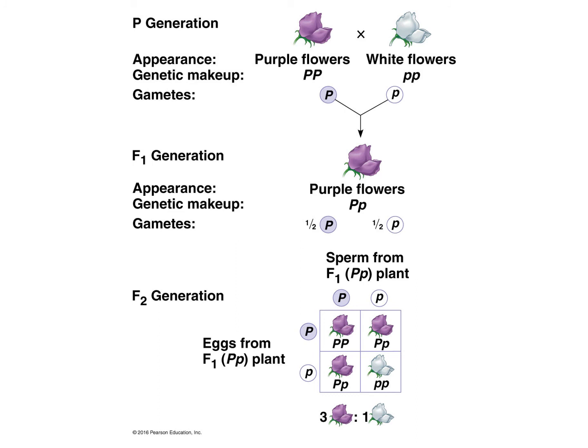There's only one possible genotype that could be produced in F1, and that is to have one each of the 2 alleles. We call that the heterozygous genotype. And because of dominance, heterozygotes have the dominant phenotype. All the F1 would be purple.